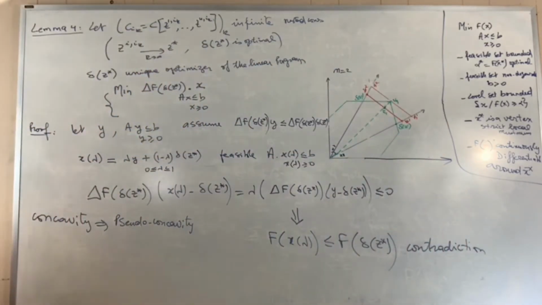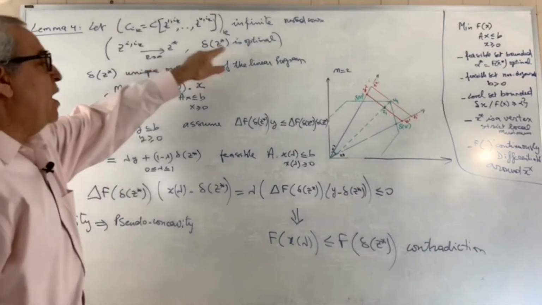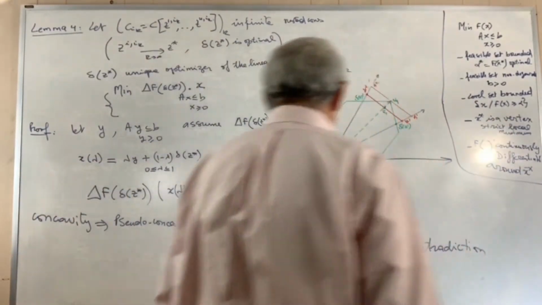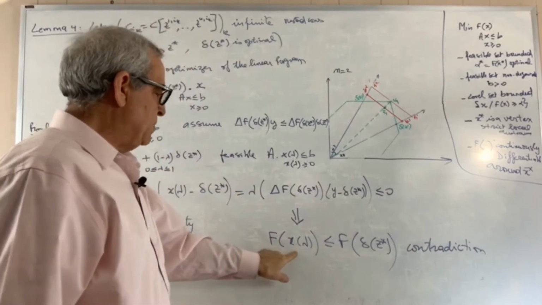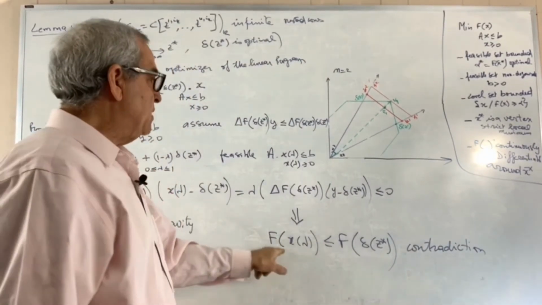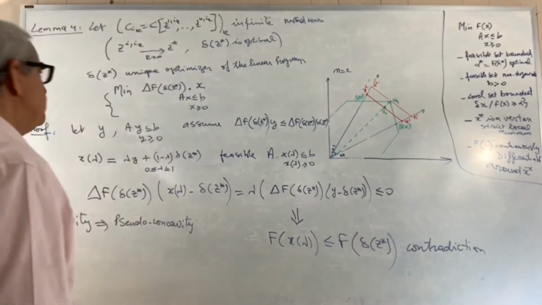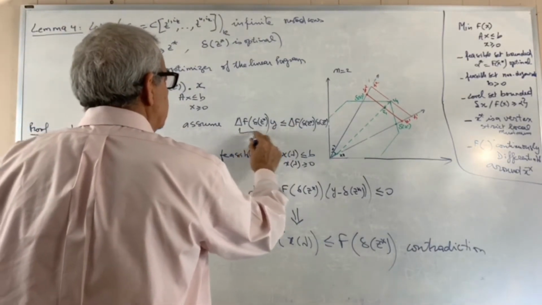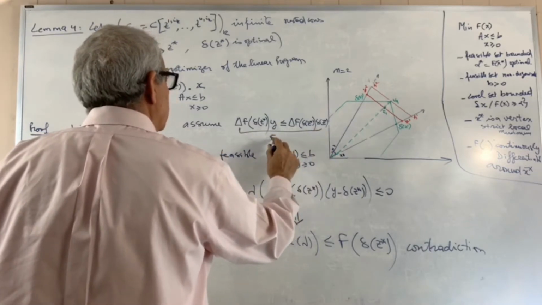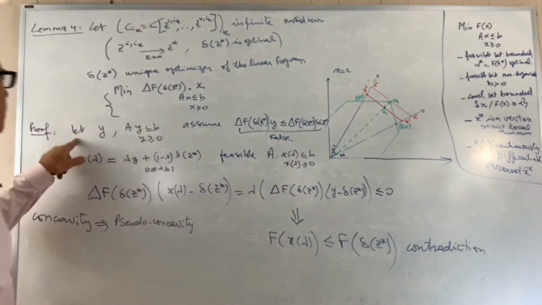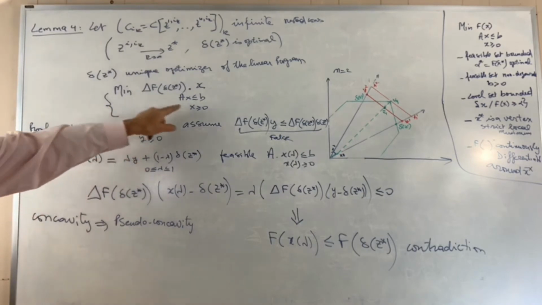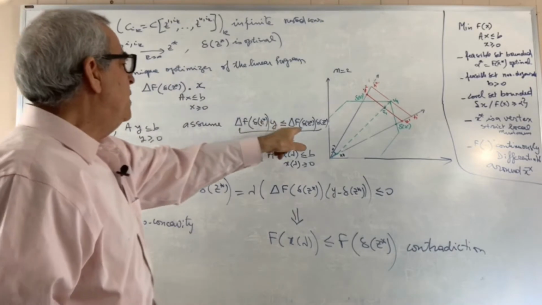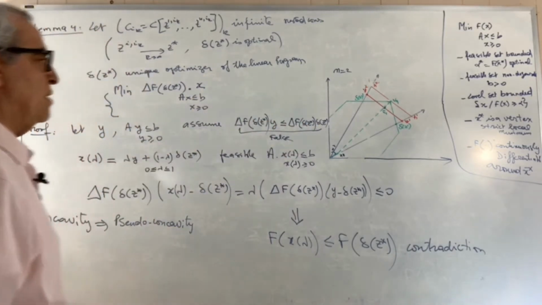Because delta of z star is optimal, therefore it must be a vertex and a strict local minimum. And here I found a feasible point that's less or equal to that. That's a contradiction. So therefore, this assumption is false. For any point in Ax less or equal to b, x greater or equal to 0, the value has to be bigger than at delta of z star.